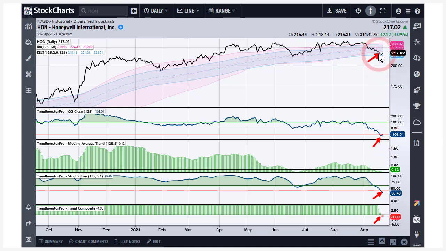And then the price moved below the Bollinger Band low, the low of that Bollinger Band channel, if you will. It didn't go below the Keltner channel, but that's 1, 2, 3 bearish indicators. We have 2 that are still positive, Keltner and the direction of the 125-day moving average. So that means 3 bearish, 2 bullish. That's a net of -1.